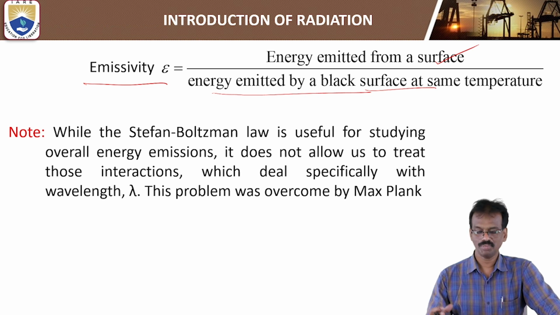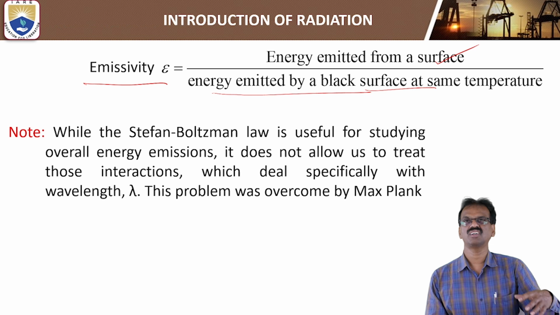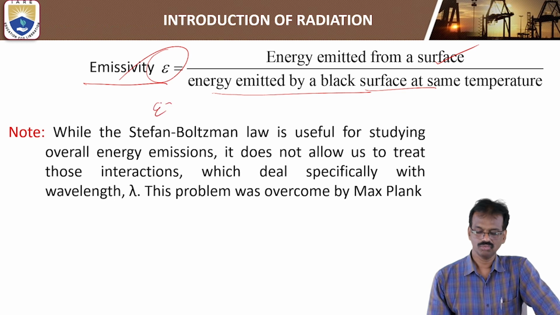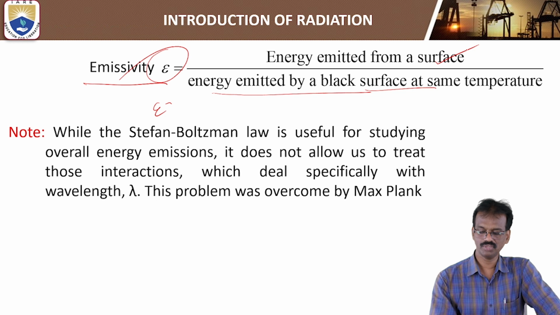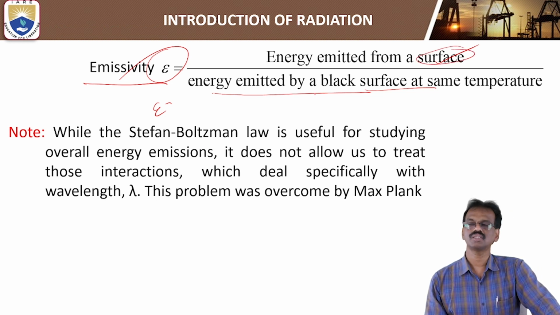So we compare the other surfaces to the black body, because the perfect emitter or perfect absorber is the black body. Emissivity is represented by epsilon. So emissivity is equal to the energy emitted from a surface divided by the energy emitted by a black surface at the same temperature. Both are at the same temperature.